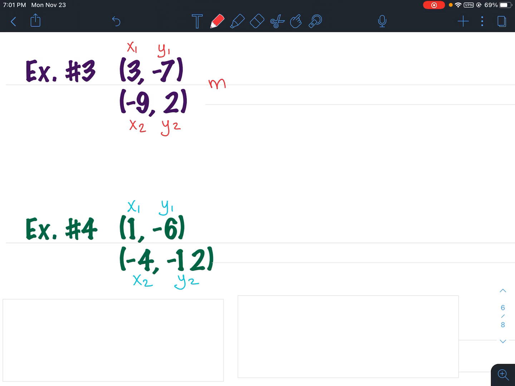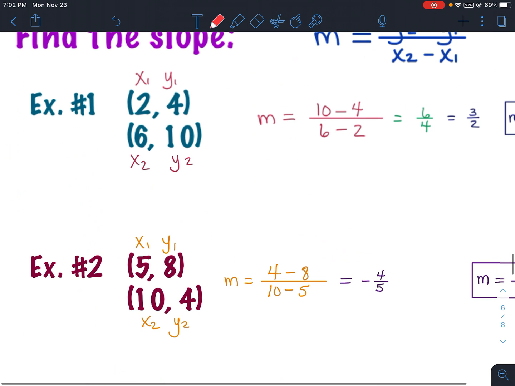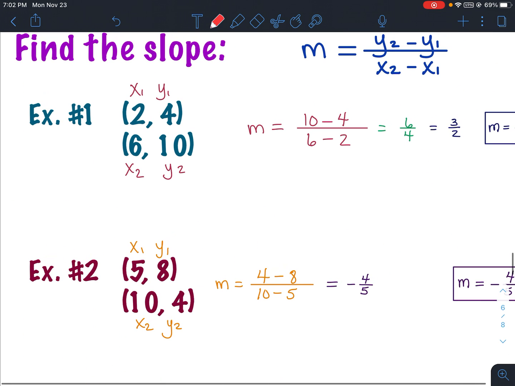Okay, so I already said that 3, -7 is x1, y1, and -9, 2 is x2, y2. So I'm going to find my slope. So the slope equals y2, which is 2, minus, now we need to be careful. y1 is -7. For examples 1 and 2, those numbers were always positive.